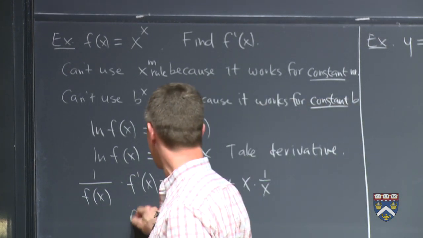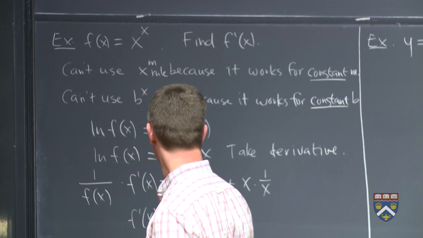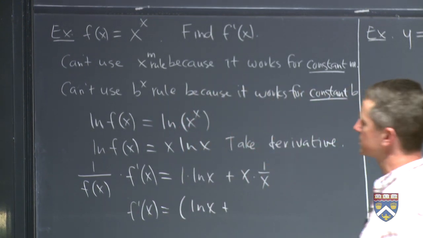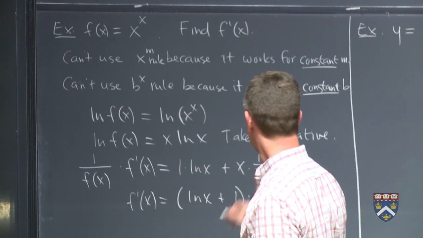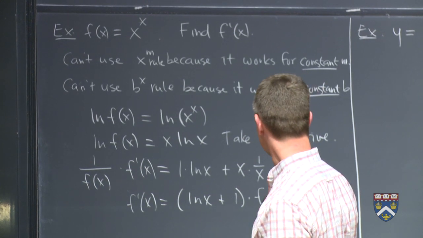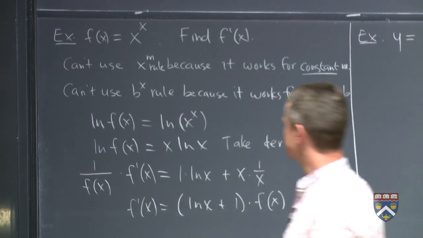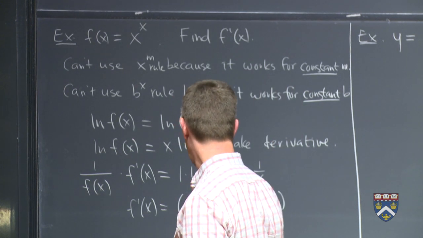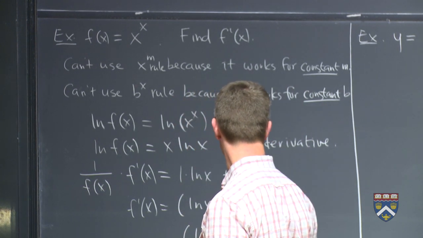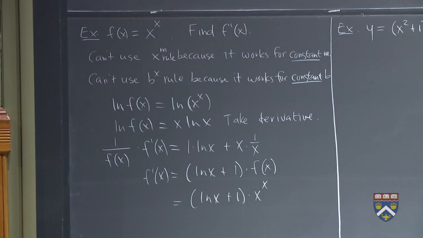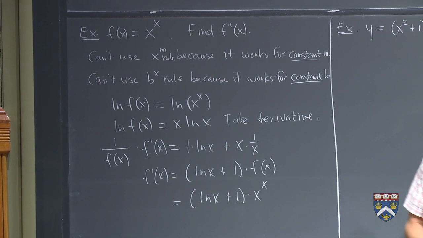So f prime of x is ln of x, and then x times 1 over x just gives us 1, all times f of x. But we actually know what f of x is, right? F of x is x to the x. So the derivative is ln of x plus 1 times x to the x.